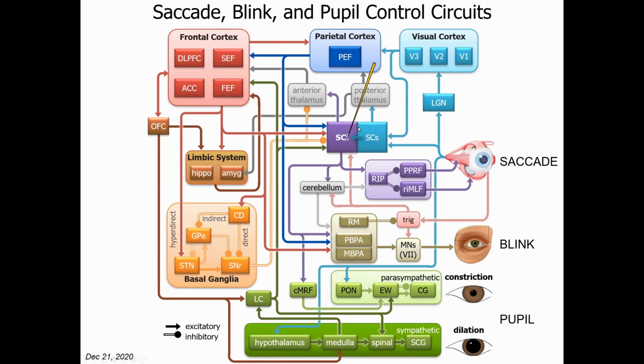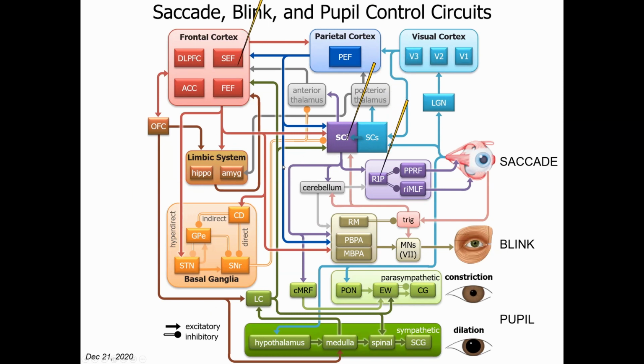A key brain area in my world here, right in the center, is the superior colliculus, where I've spent more time recording than anywhere else in the brain. I might have spent more time recording there than just about anywhere else in the world now, which is a bit scary.